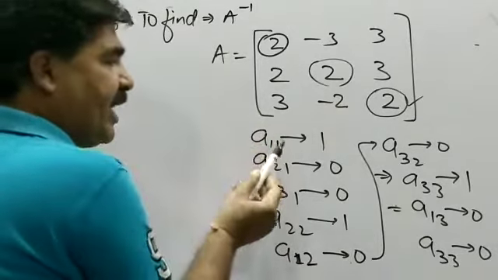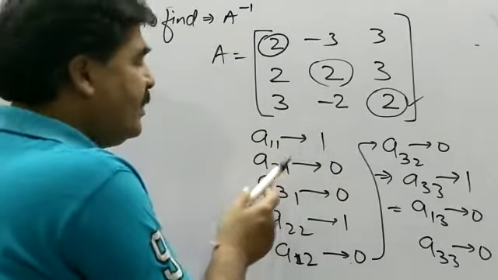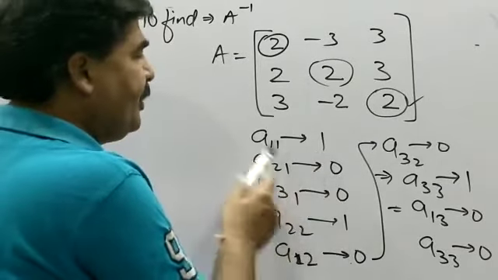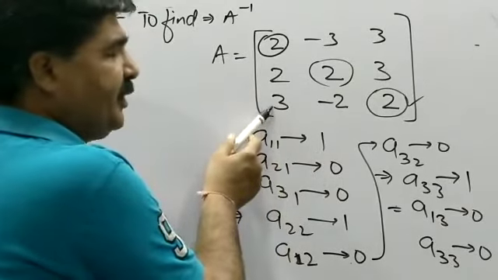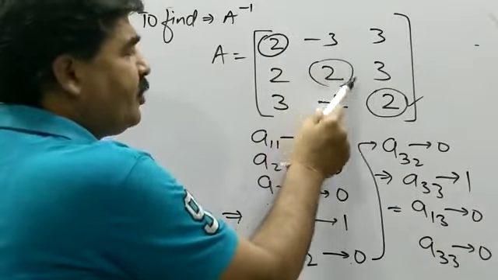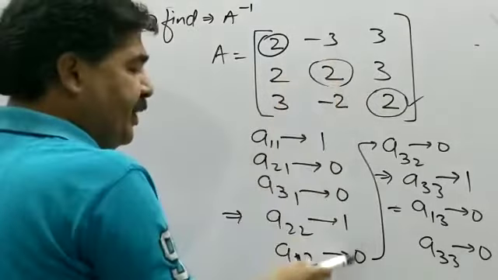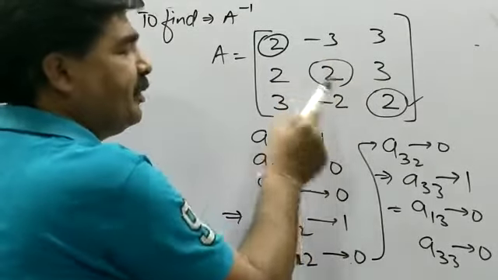Once again, I am explaining. First you convert A11 into 1, then A21 into 0, then A31 into 0. Then come to the second column. In that, first you convert A22 into 1, then A12 into 0, and then A32 into 0.